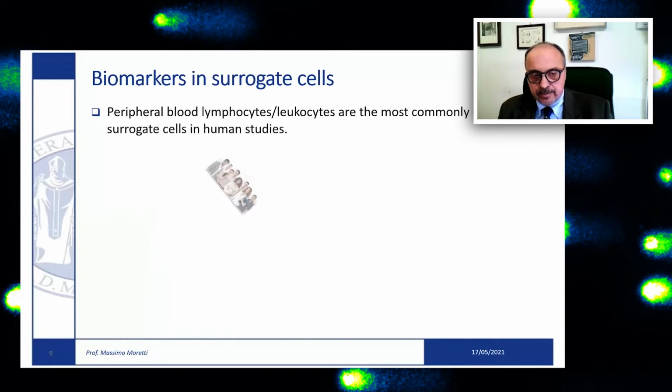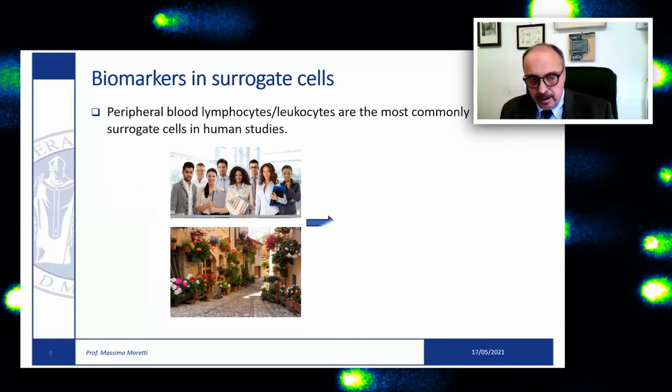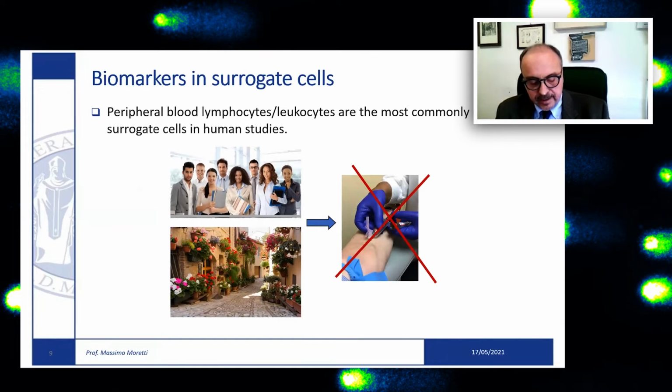However, even if this procedure is not very invasive, there are also situations in which blood withdrawal could not be accepted by the population because of the absence of risk perception.